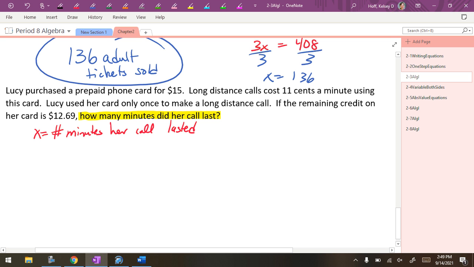Words only, no numbers. Help me set this up.